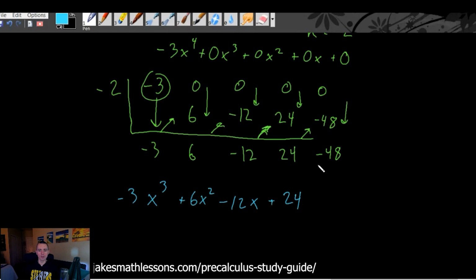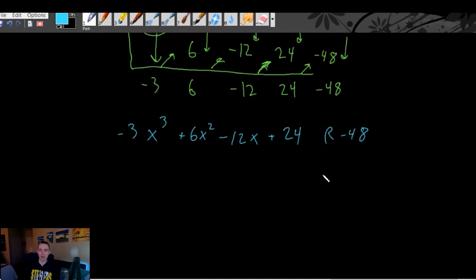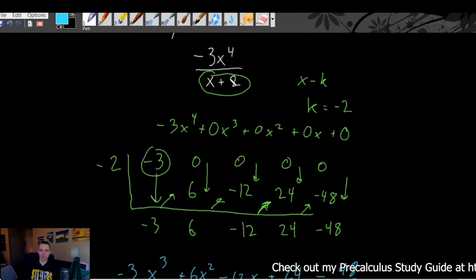And then this final number here is always going to be your remainder. So basically we have a remainder of negative 48. But that's not really the best way to write this. What we probably want to do instead is write it as minus 48 over whatever this was, the denominator of your fraction originally. So minus 48 over x plus 2.